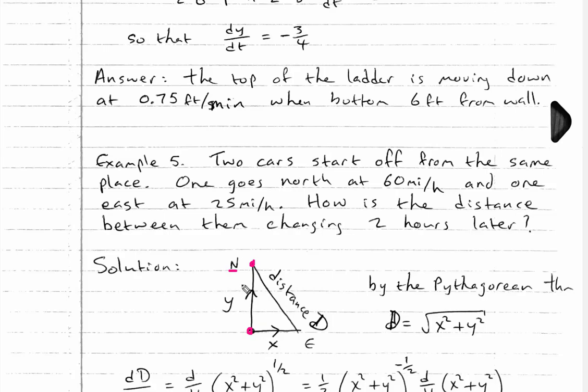The distance it's traveled north is y miles. The other car is traveling east. Let's say it's gone x miles. And we're interested in the distance between the two cars, so we're looking for this length.